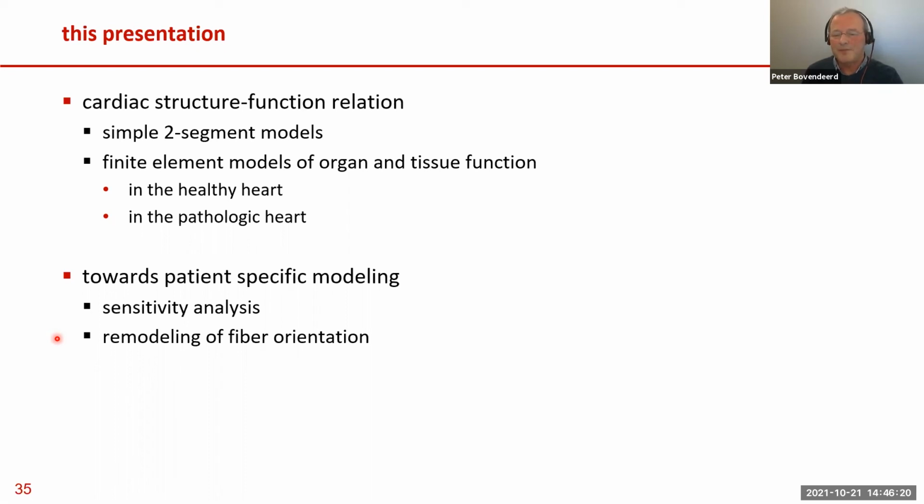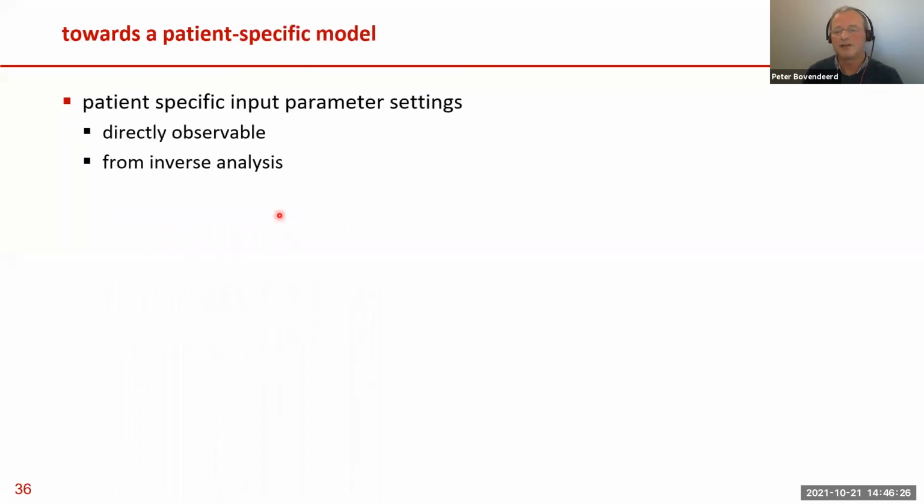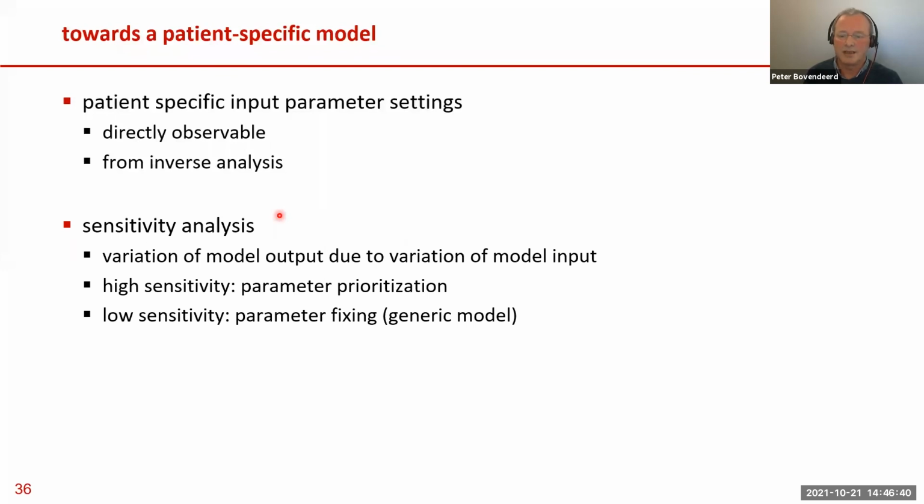So if we now want to convert these generic models to patient-specific models, of course, we have to have patient-specific parameter settings, and some parameters we can observe directly, but most of them we will have to obtain from an inverse analysis. And part of this inverse analysis is a sensitivity analysis.